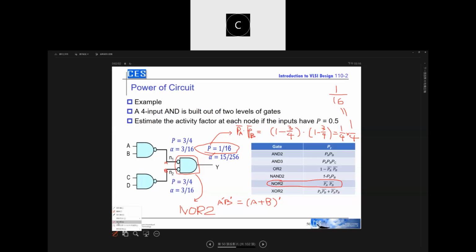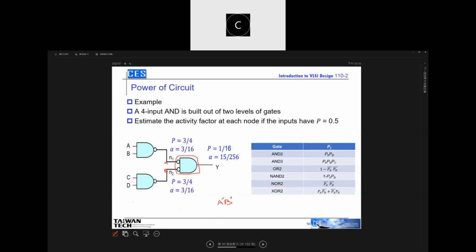And then, since we know this P equals 1 over 16, we want to calculate alpha. So alpha is P times P bar, which is 1 over 16 times 1 minus 1/16, which is 15 over 16.